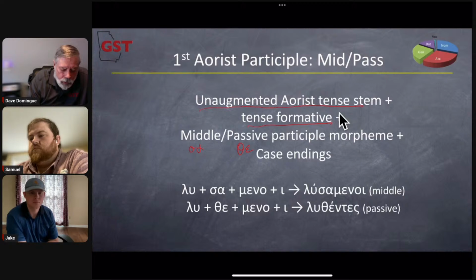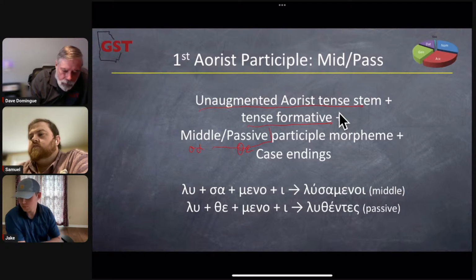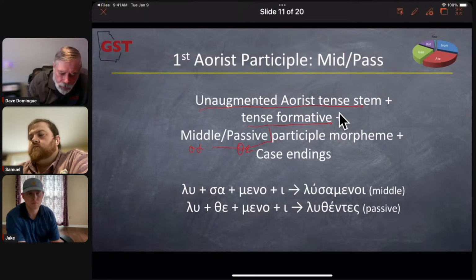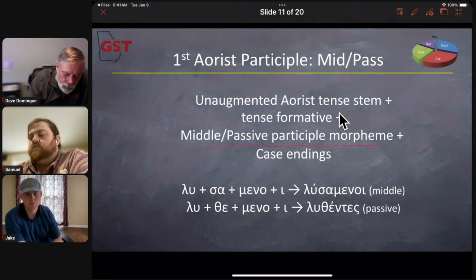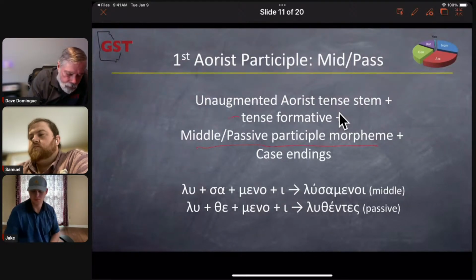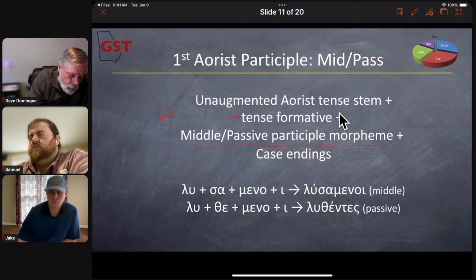And so, okay, I know I wrote that and it's correct, but this is associated with the participle morpheme. So this tense formative for the middle is going to be the sigma alpha.